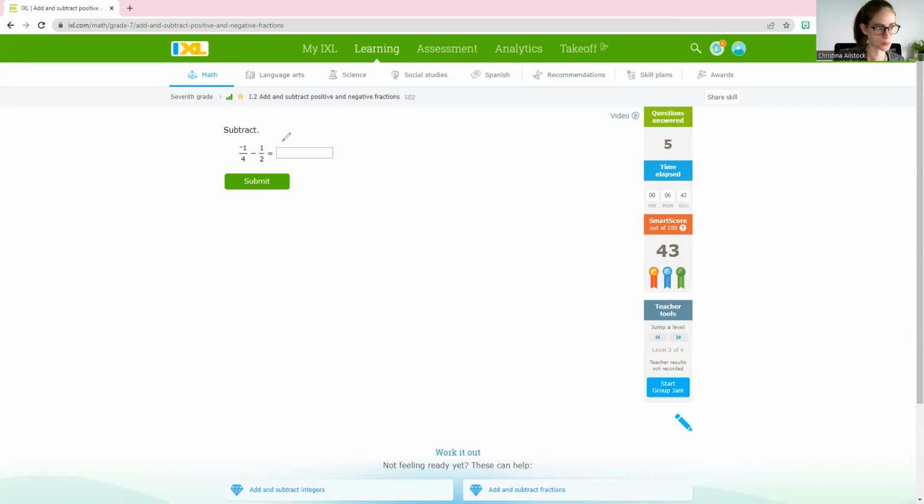So if we rewrite this problem, we have negative 1/4 minus 1/2. I see that it's subtraction, so I'm going to rewrite as adding the opposite. So negative 1/4 plus a negative 1/2.